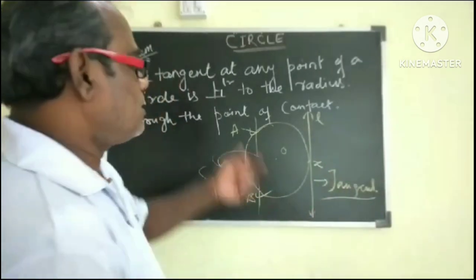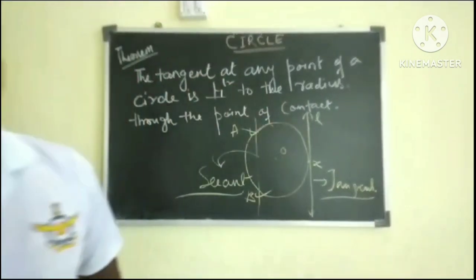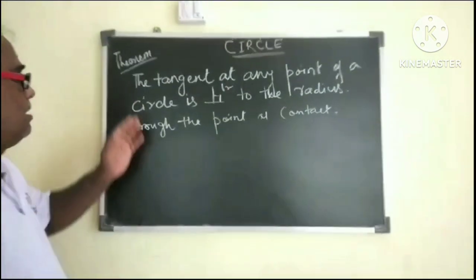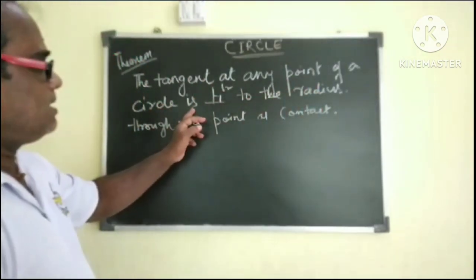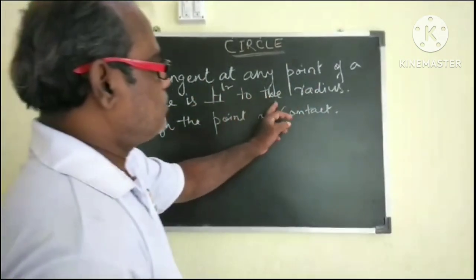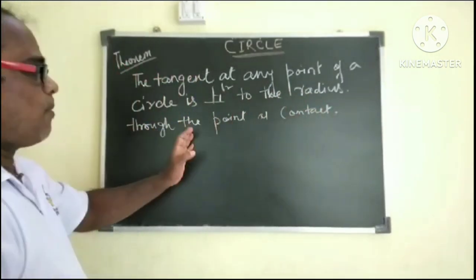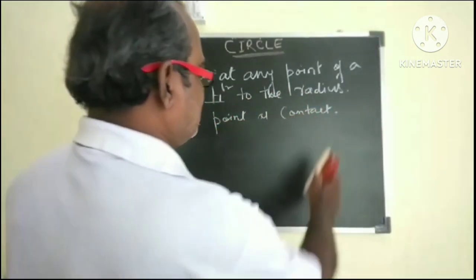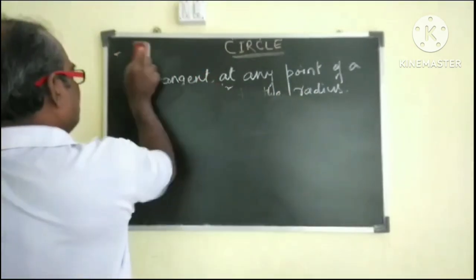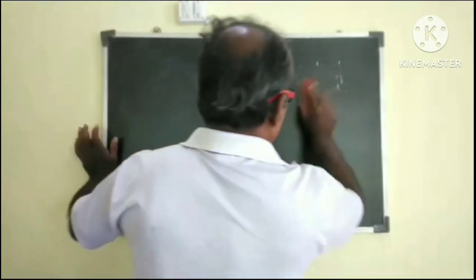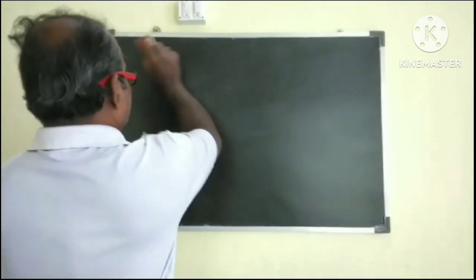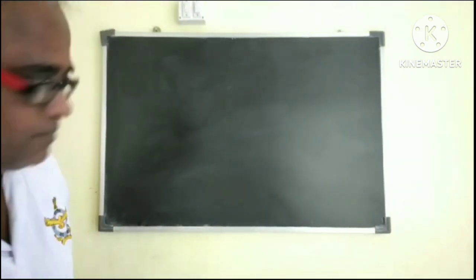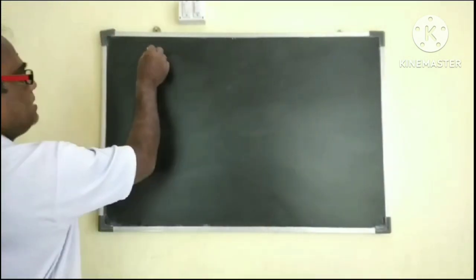Now let's go to the theorem. The theorem was: the tangent at any point of a circle is perpendicular to the radius through the point of contact. Let us draw a circle here.